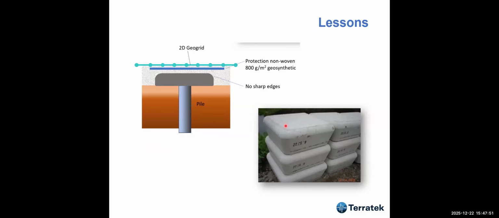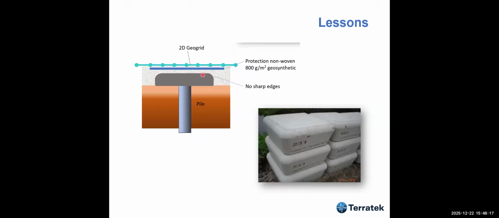Today we know that this kind of pile cap cannot have sharp edges, in order to avoid this kind of failure. We must have protection over the geosynthetic with a minimum of 800 grams per square meter, and the geogrid should be kept away from the caps.